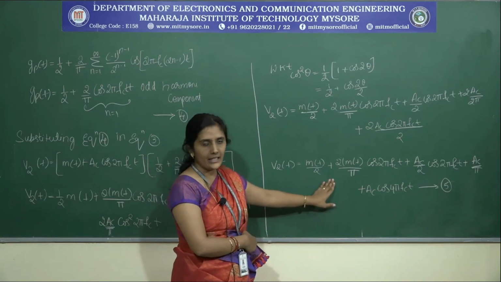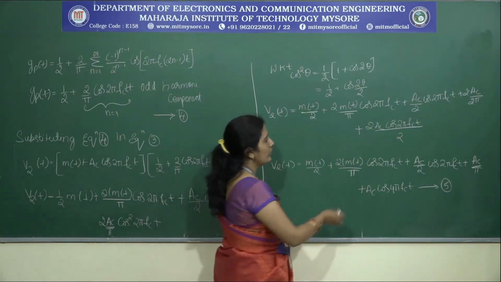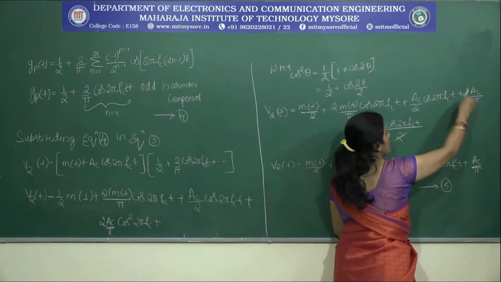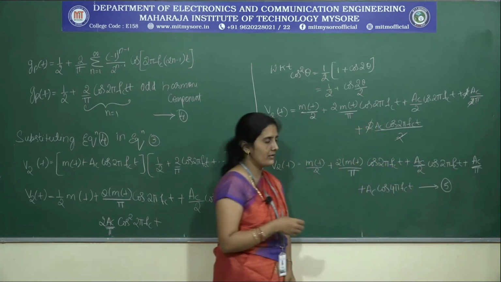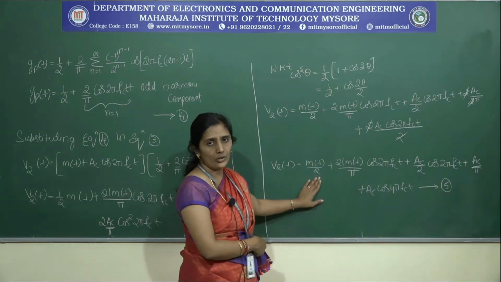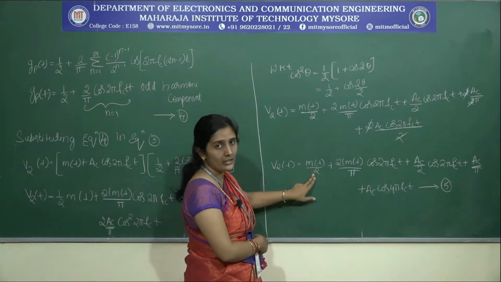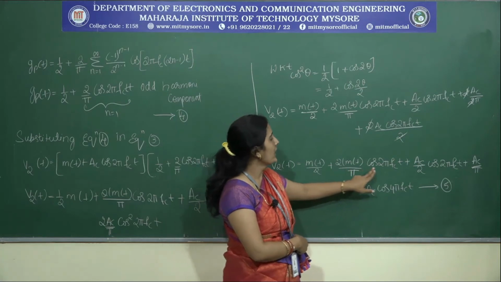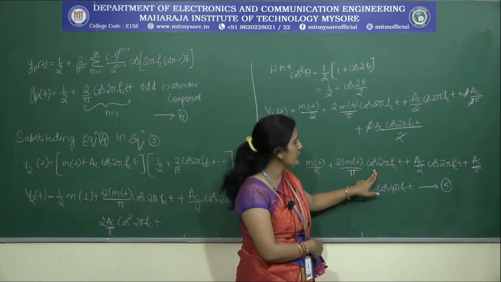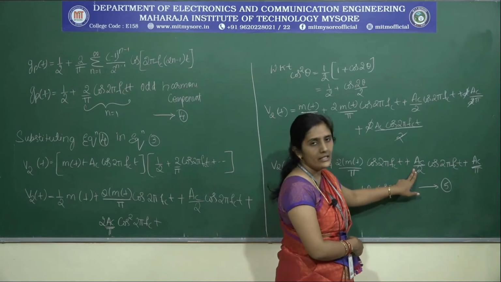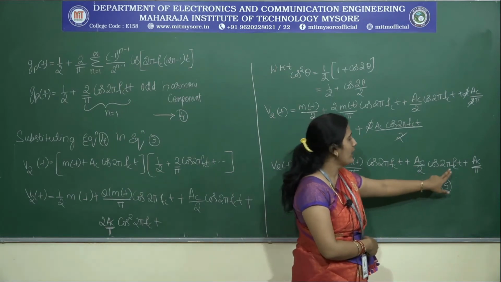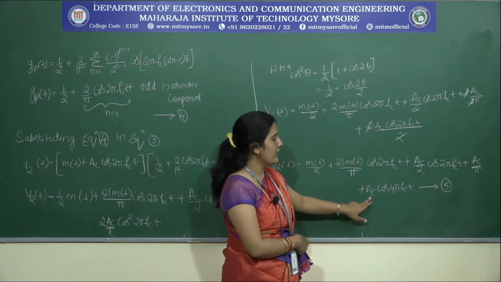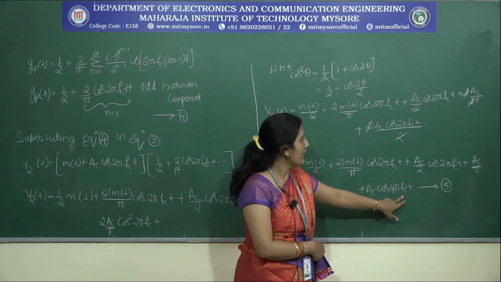After writing the equation we can see here this 2 and this 2 will get cancelled, and here this 2 and this 2 will get cancelled. After that we get the equation m of t divided by 2 plus 2 into m of t divided by pi into cos 2 pi fct plus AC divided by 2 cos 2 pi fct plus AC divided by pi plus AC into cos 4 pi fct.